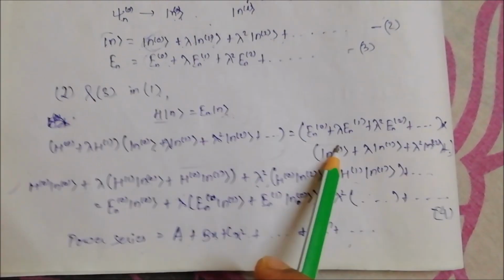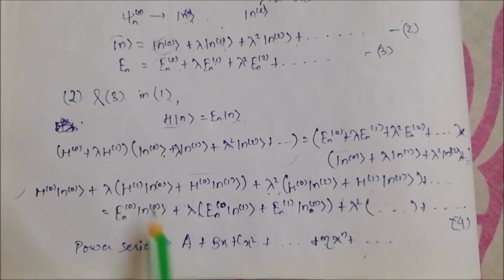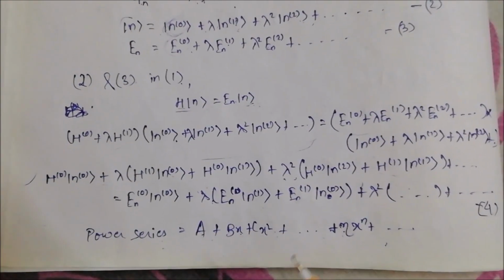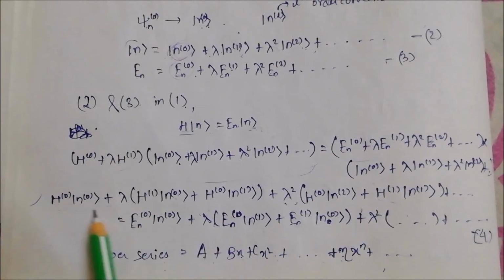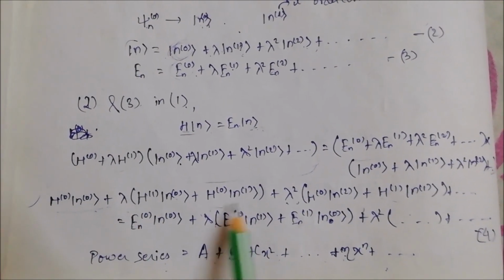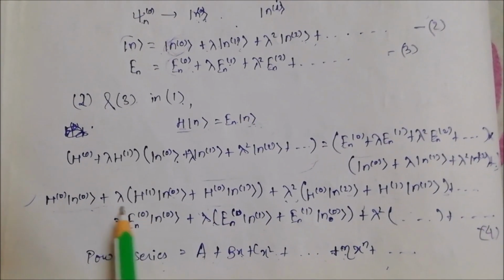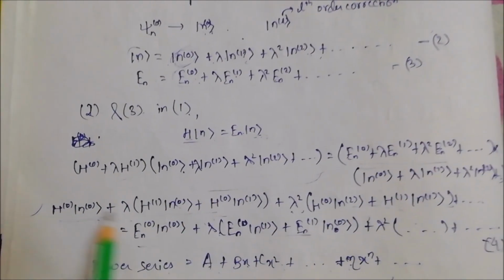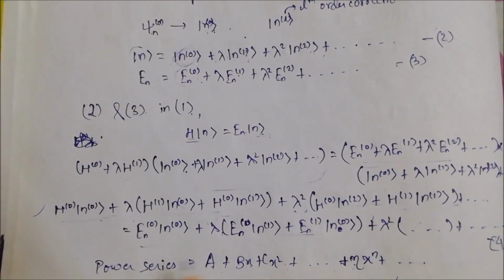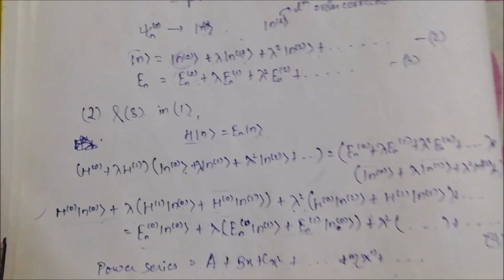Multiplying them and collecting terms having the same power of lambda, we have this expression. So on both sides of the equation we have obtained a power series.